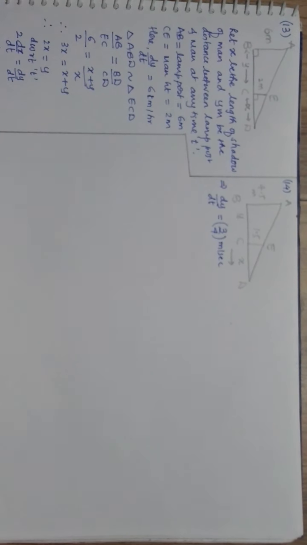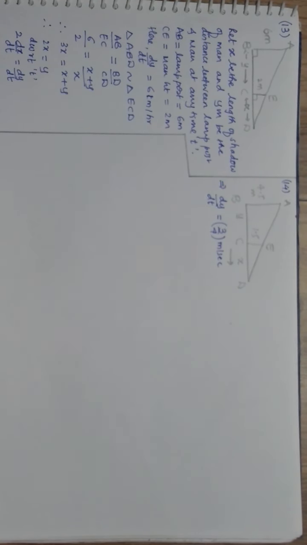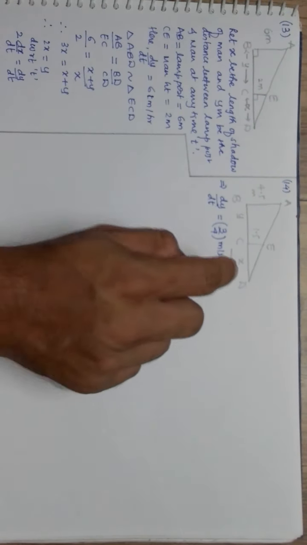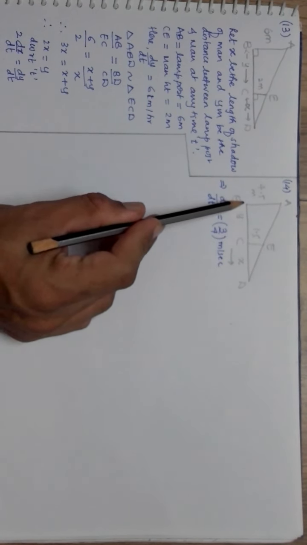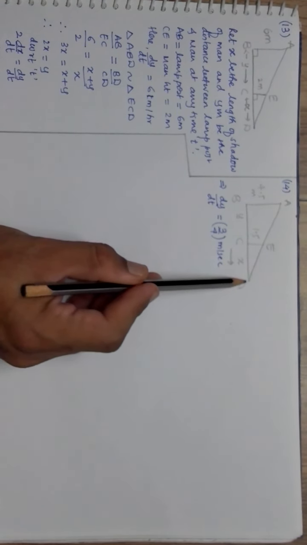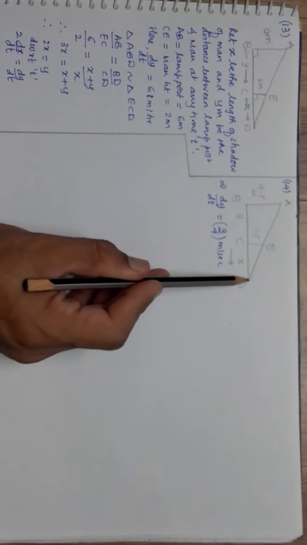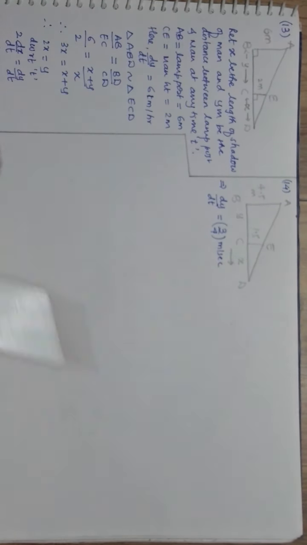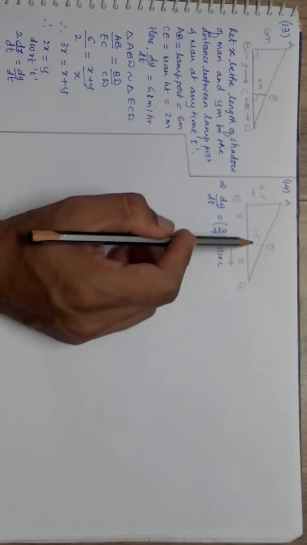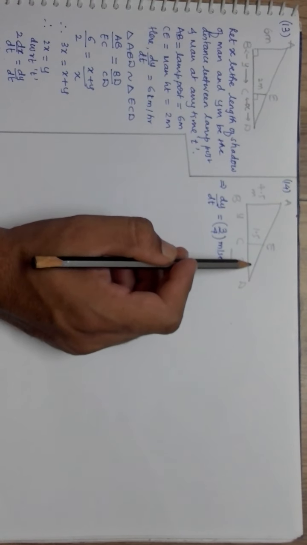The second is the tip of shadow is moving. The tip of shadow right now is here, from here to here. So it is at the D position. So moving away means it will move away, right? Getting it?